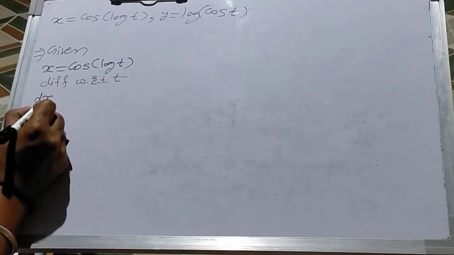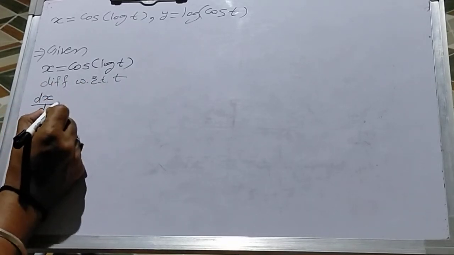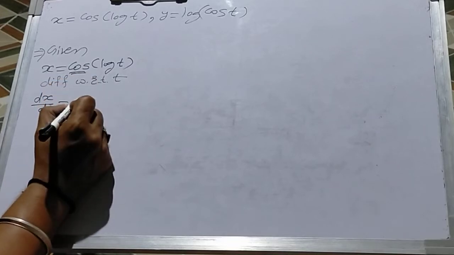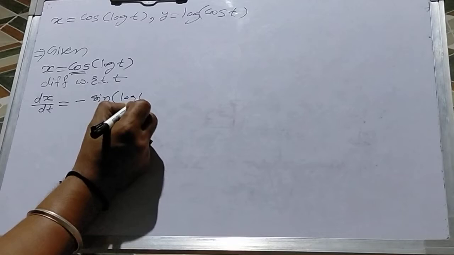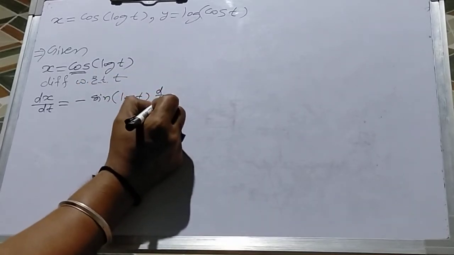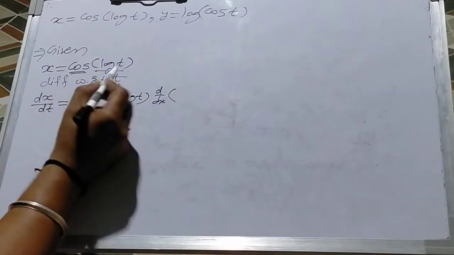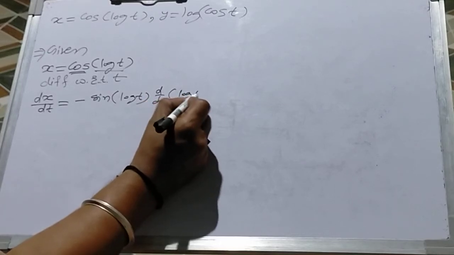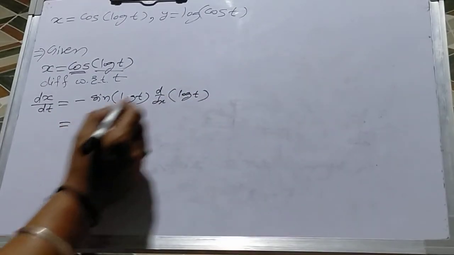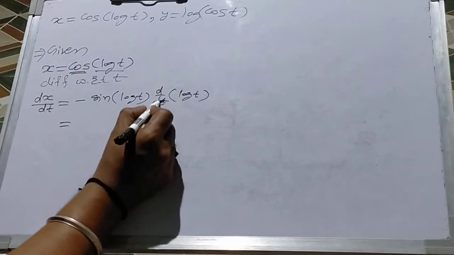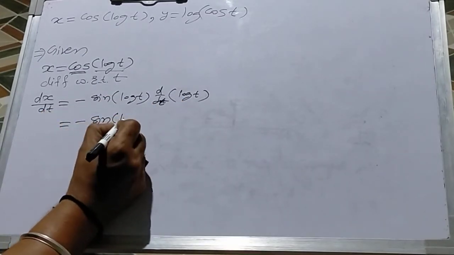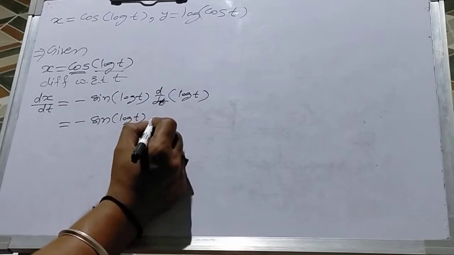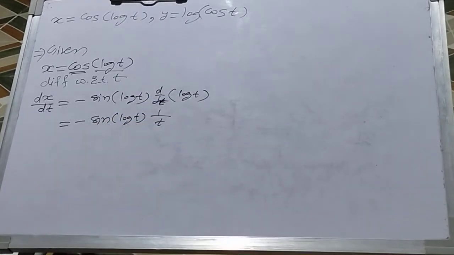So the derivative of x with respect to t, dx by dt, is equal to the derivative of cos, which is minus sine of log of t, into the derivative of the quantity other than x, meaning log of t. So minus sine of log of t into the derivative of log of t, which is 1 divided by t.